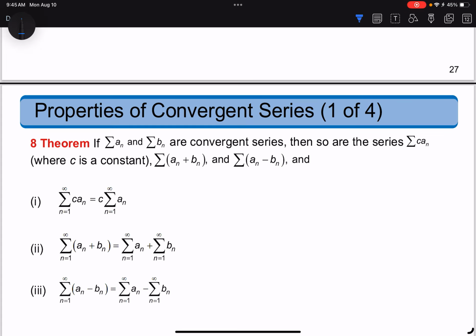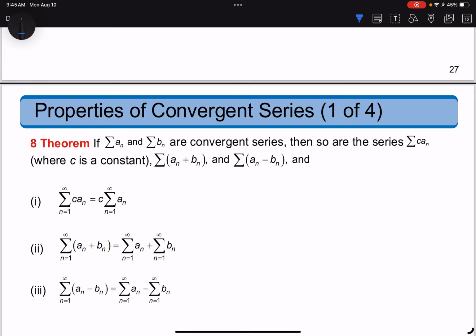So for some properties of convergent series, if the summations of a sub n and b sub n are convergent series, then so are the series c times a sub n, where c is a constant, the summation of a sub n plus b sub n, and the summation of a sub n minus b sub n. Multiplying by a constant is the same as factoring out that constant.